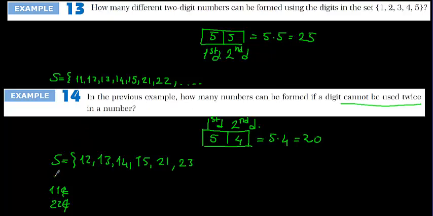So as you see, 1 and 1, 2 and 2, 1 and 2, they use a digit twice. That's why in the first question, without any rule, we can use the numbers twice, but in the second one we cannot.